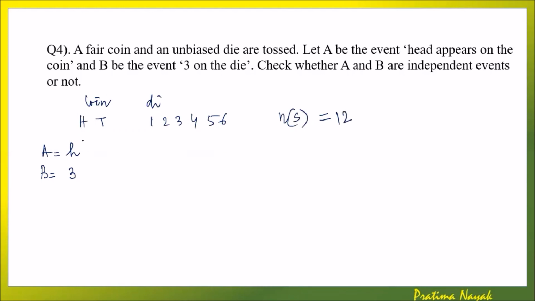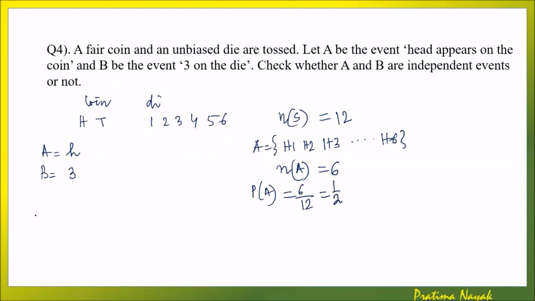Now head is coming in the coin. So what will be A? A is equal to your H1, H2, H3 up to H6. So this is your nA is equal to 6. So what will the probability of A? Probability of A is 6 by 12. That will be 1 by 2.